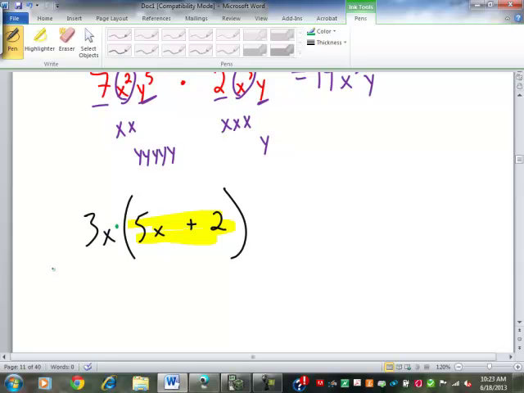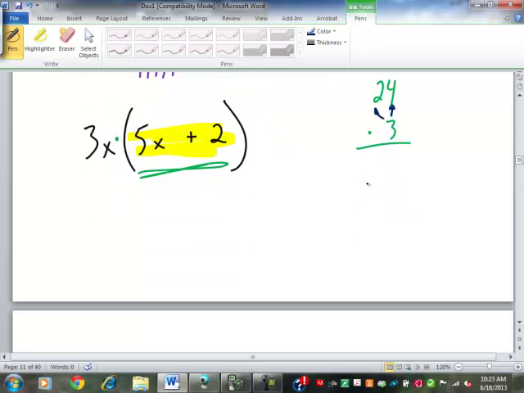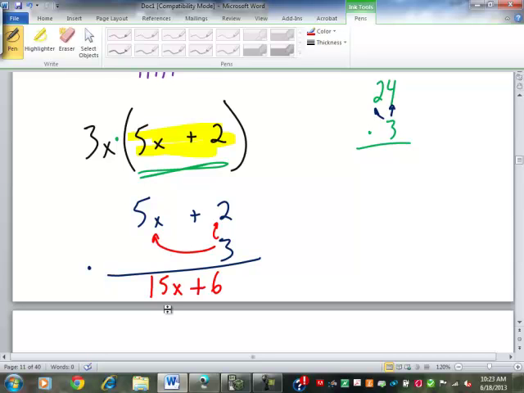How do we do that multiplication since it's more than one digit here? Well, this is exactly like we would have done 24 times 3. You would do 3 times 4, then you do the 3 times 2. Same thing's going to happen here. We do the 5x plus 2 times 3. Well, what's 3 times positive 2? Positive 6. What's 3 times 5x? Well, 3 times 5 is 15x.